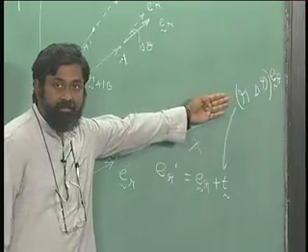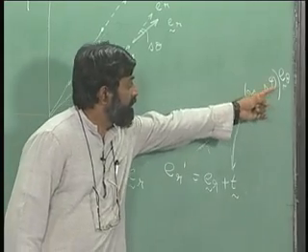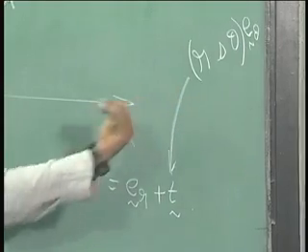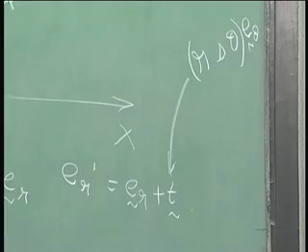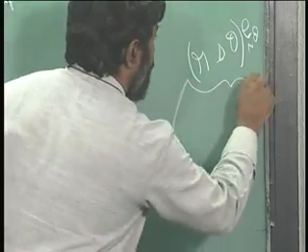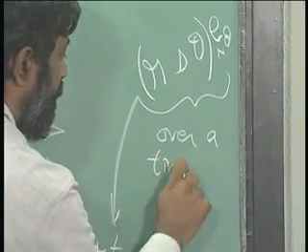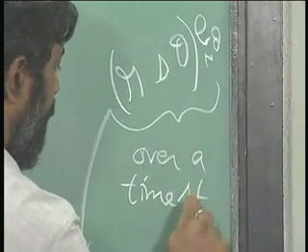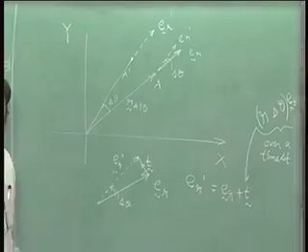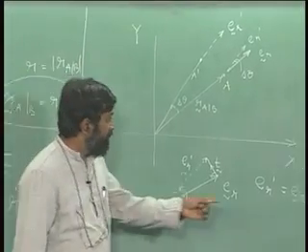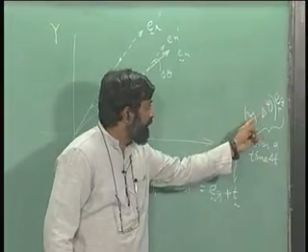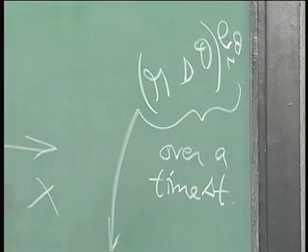Is this clear? So, r times delta theta E theta is the rotation it has undergone over a time delta t. So, over a time delta t, this is what has happened to what?